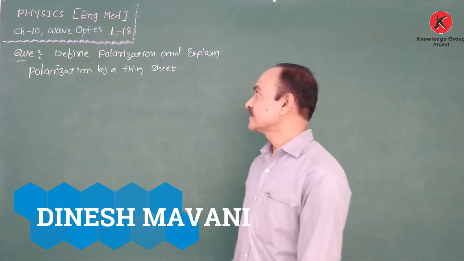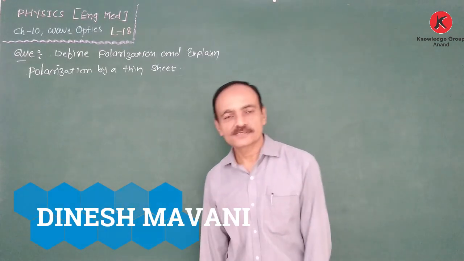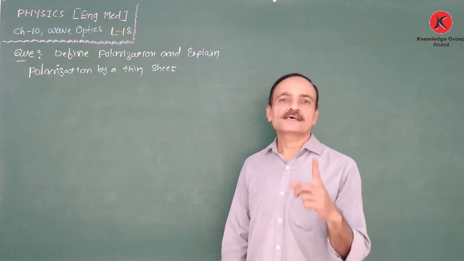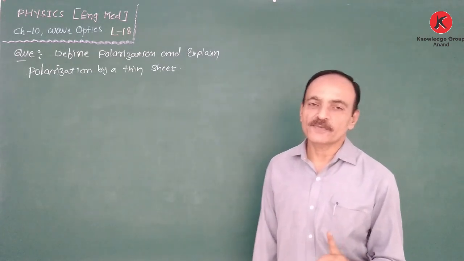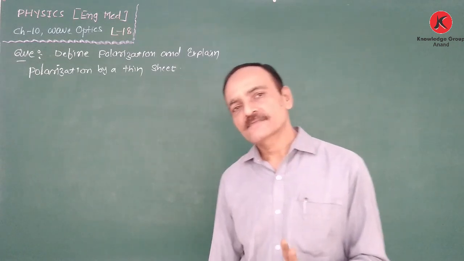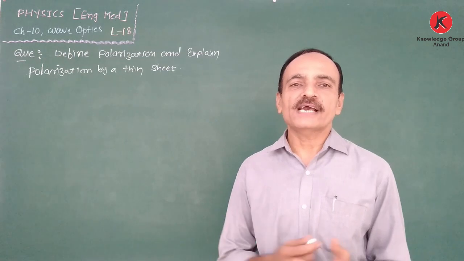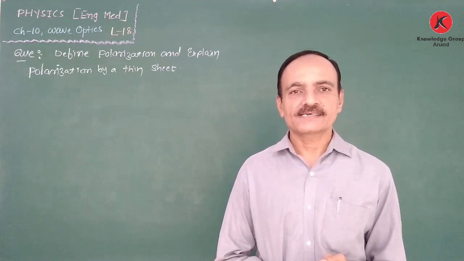Good morning, friends. Today we are going to discuss what polarization is and how we obtain plane polarized light from unpolarized light. In the last lecture we also discussed unpolarized light and plane polarized light.